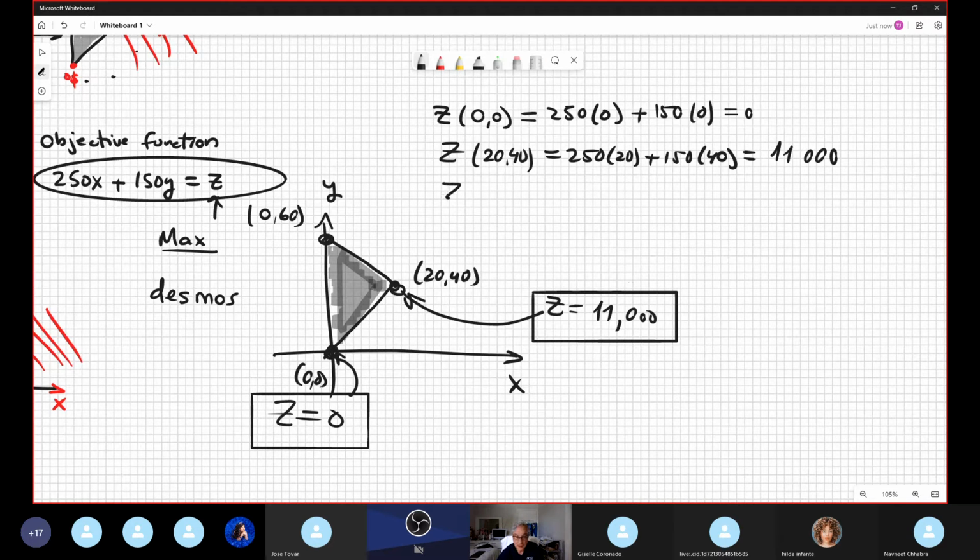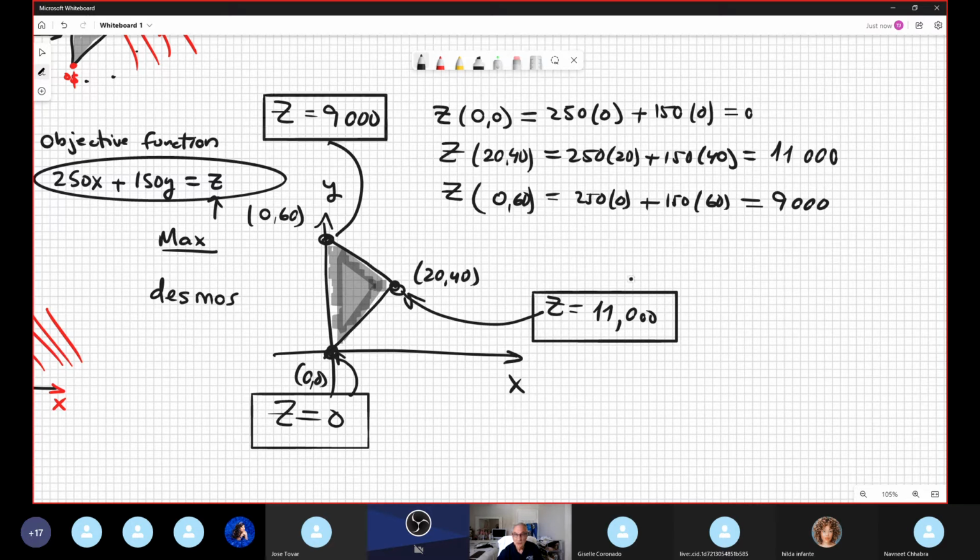The last corner, I need to finish every corner. It's 0,60: 250 times 0 plus 150 times 60, which is 9,000. So it's obvious, this is C equal 9,000.